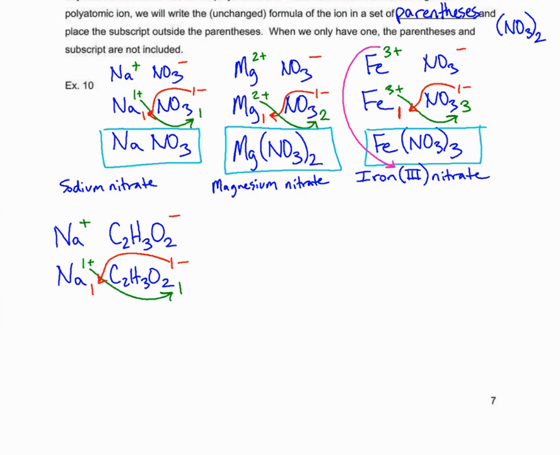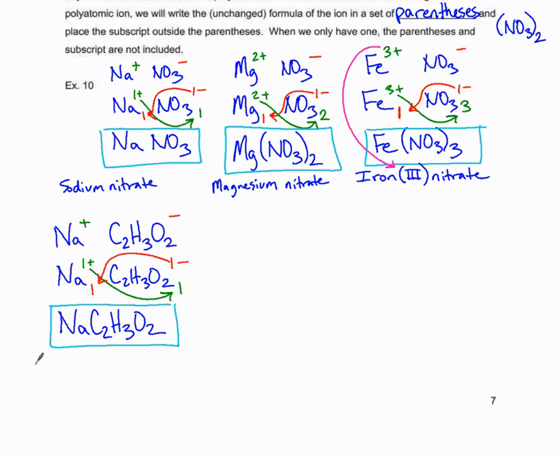And so we end up with a chemical formula. These ones are going to cancel out. NaC2H3O2. You'll notice from start to finish, the formula of this C2H3O2 never changed, other than when we got rid of the positive and the negative.